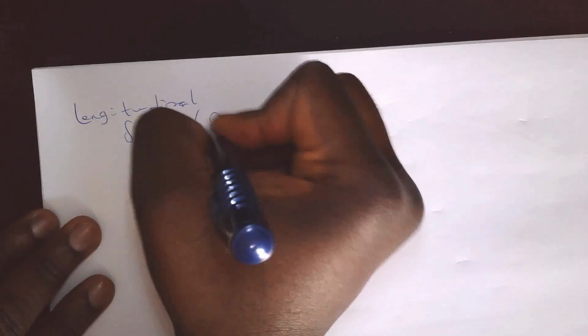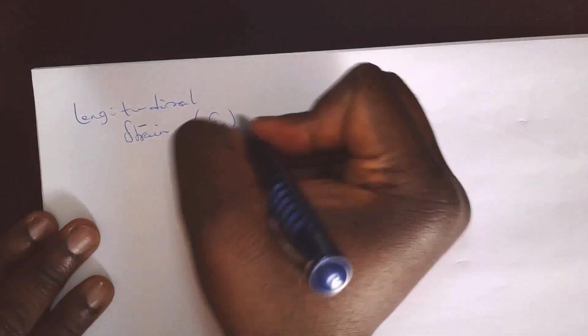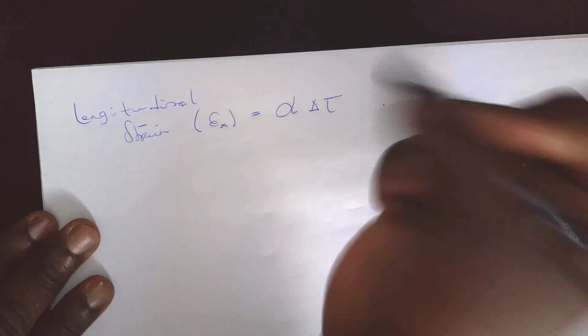I'm going to first work out what the longitudinal strain is. Let's call that epsilon x. That will be equal to alpha times the temperature differential.